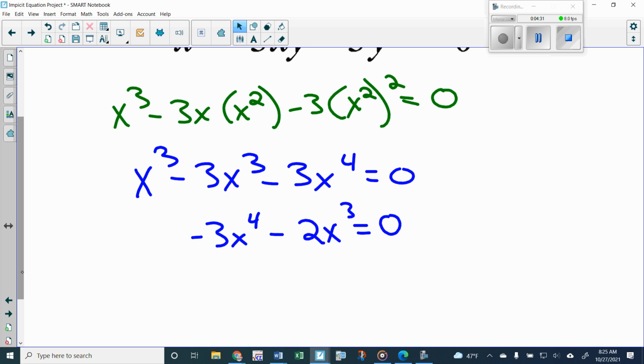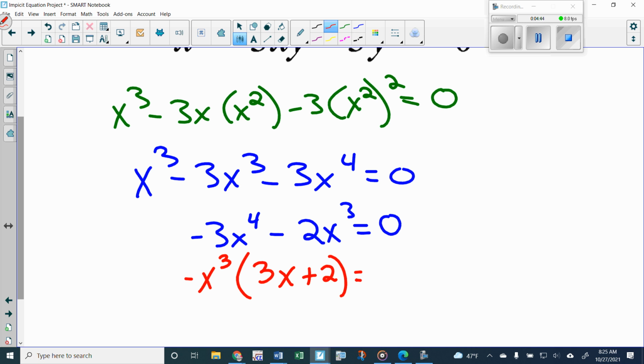So what I'm finding is, what are the x values where this is true? So let's factor out. So I find that. So what are my two x's that equal 0? 0 and negative 2/3.